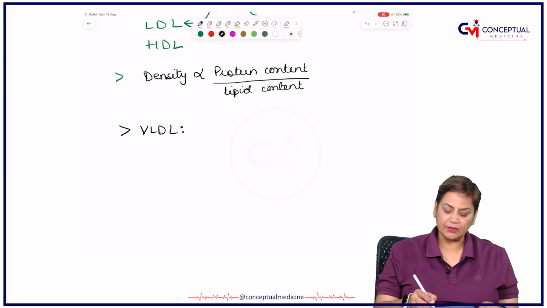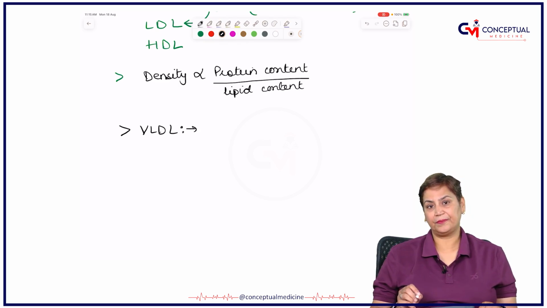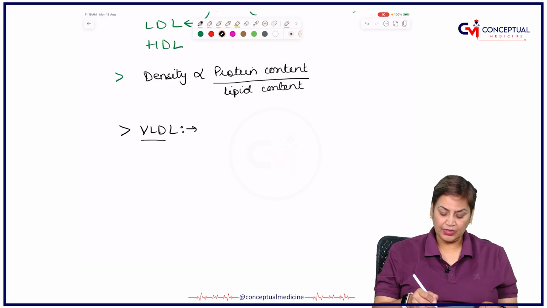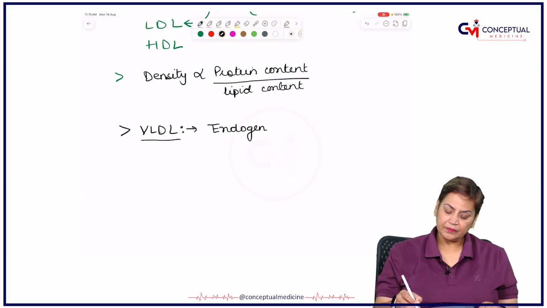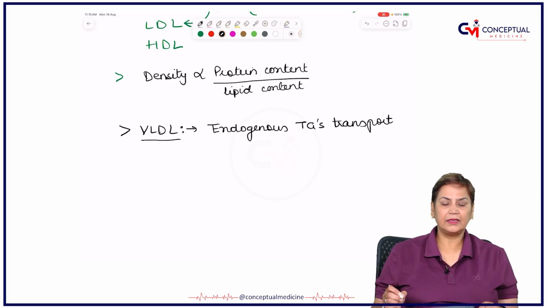Clear? So if we talk about this VLDL, it is responsible for the transport of endogenous TGs. So these very low density lipoproteins are required for endogenous TG transport. Very important.